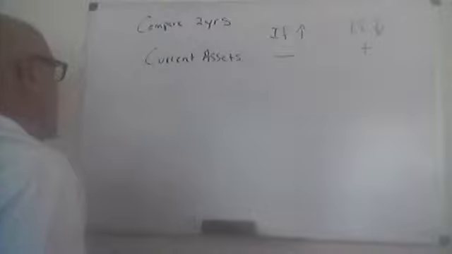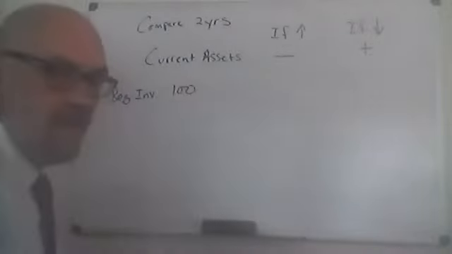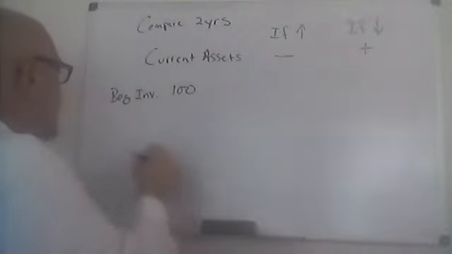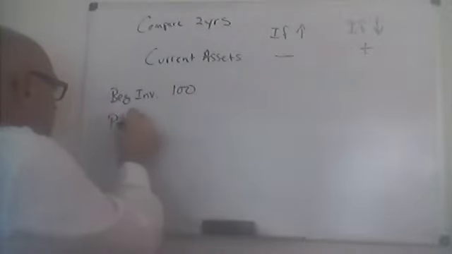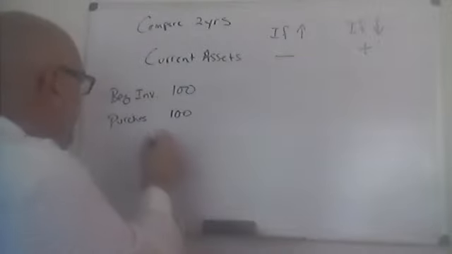So let me give you an example here and show you how this works. So say we had beginning inventory of $100. Okay. We made purchases of $100.